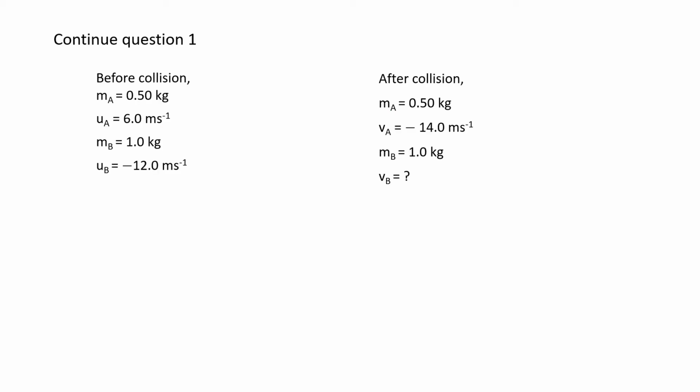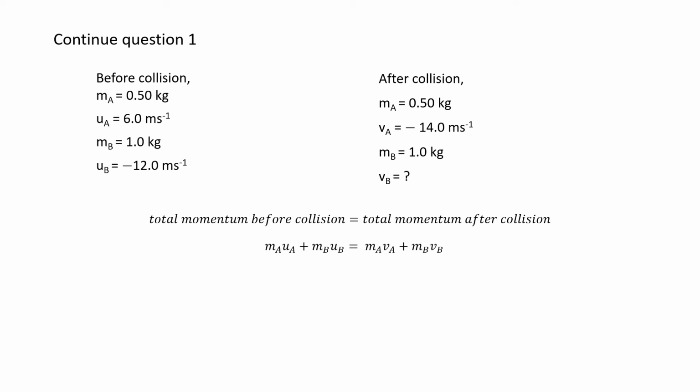From the information given by the question, now you can apply the principle of conservation of momentum, which says total momentum before collision is equal to total momentum after collision. Then you put in the formula and then the numbers.